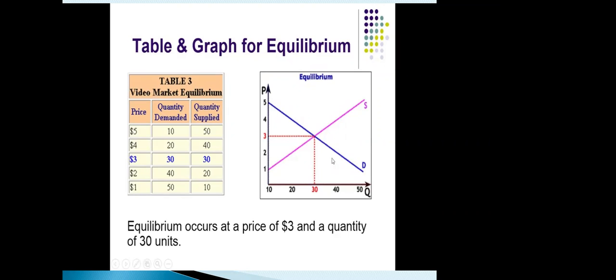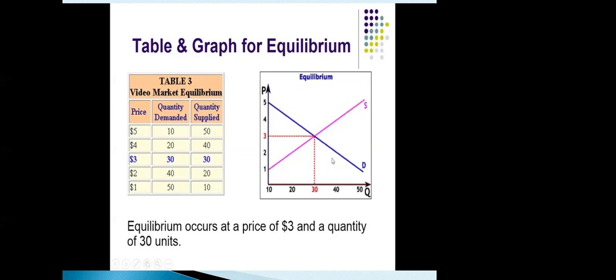D is your demand curve, S is your supply curve, and on the x-axis I have taken prices, on the y-axis quantities. When the demand curve and supply curve intersect each other, that point is the equilibrium point. At that point, my price level is 3 rupees and the quantity is 30.